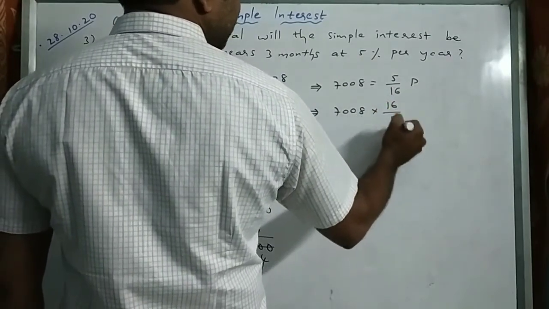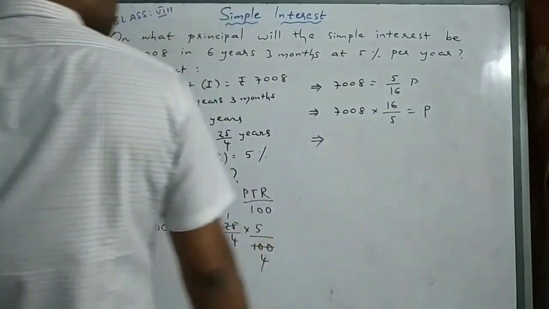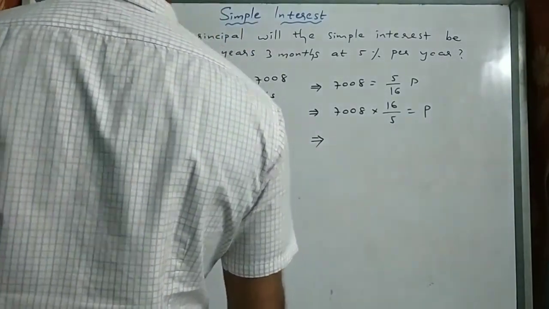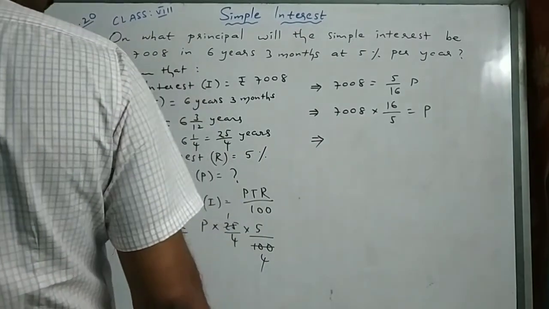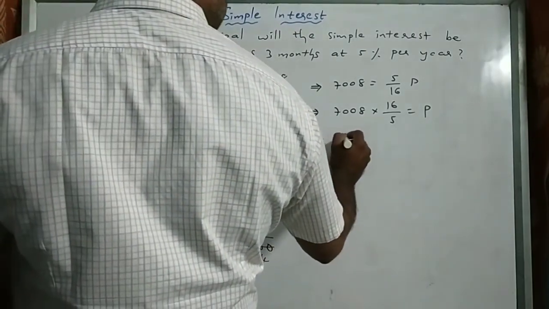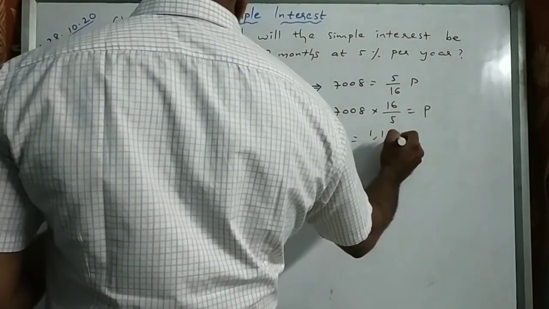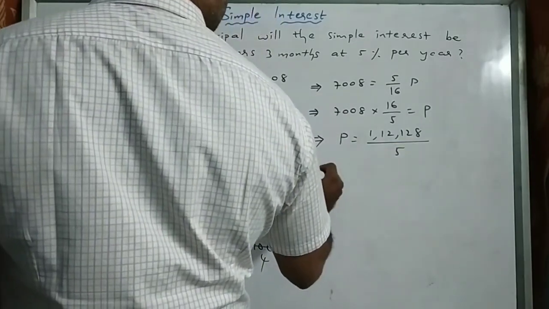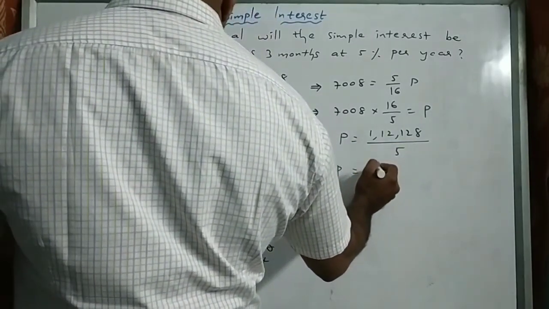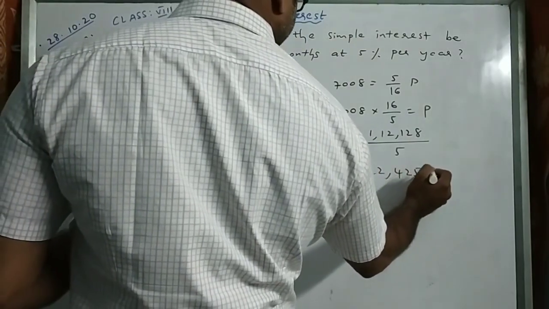It becomes 16 by 5. Okay? So 16 by 5. So what will you get here? This will be P is equal to 1,12,128 upon 5. So if you divide this, you will get 22,425.60.